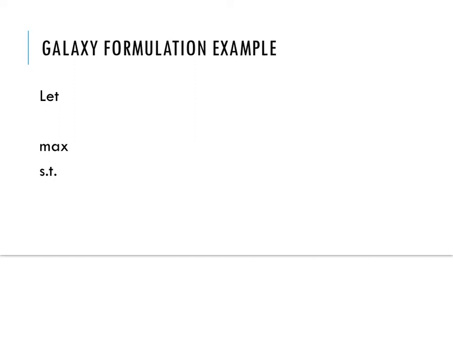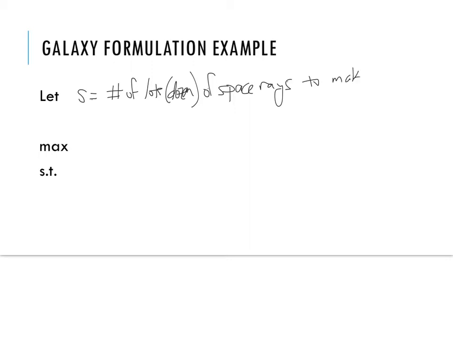Let S equal the number of lots, in our case this is dozen, of space rays to produce or make next week. It's just a coincidence here that both of our product mix examples are looking at a weekly production cycle.